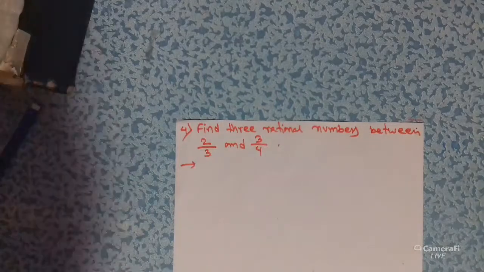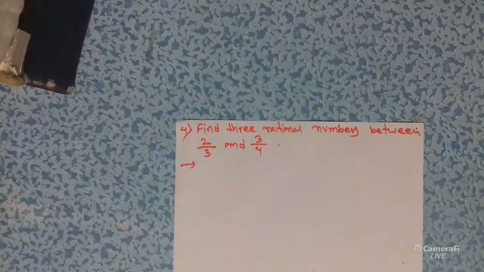So find 3 rational numbers between 2 by 3 and 3 by 4. So solve it and send me the answer, students.